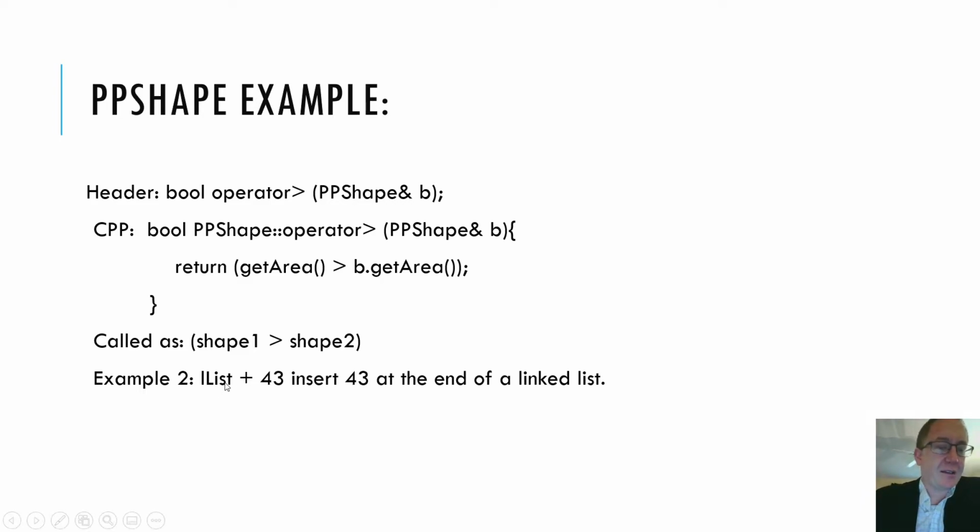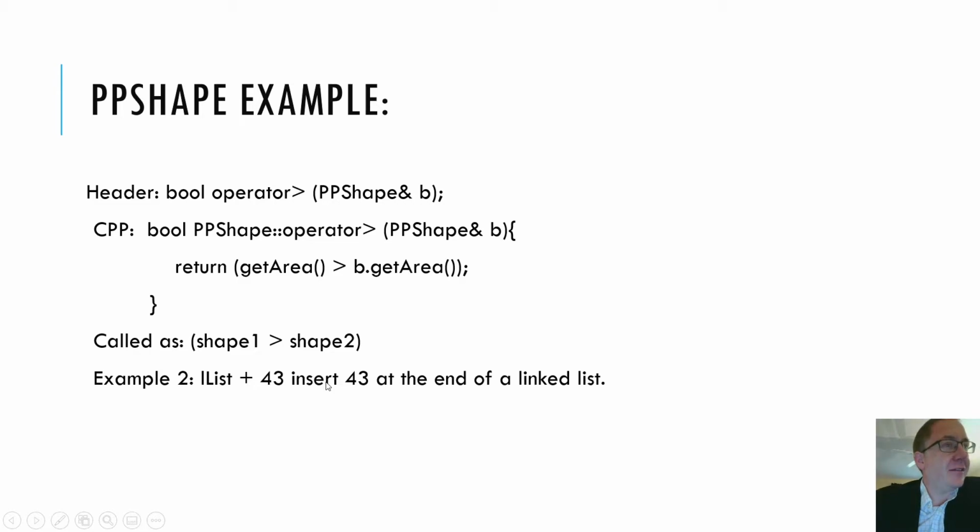Let's look at linked lists. So we've already looked at linked lists in previous lectures. We're going to keep on sort of plugging away, looking at it from different angles. We had this linked list class. We had a doubly linked list class. If I plus some value on it, I'm not going to use a number. I'm going to use a data type, but it's easier to explain here.